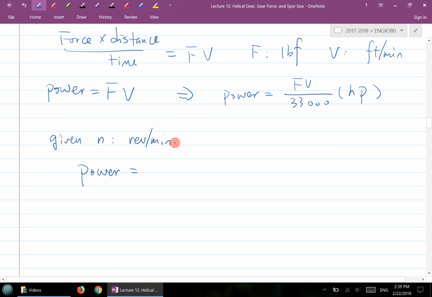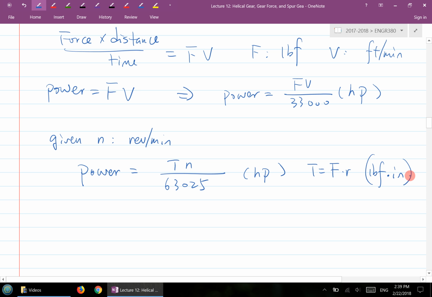It will be T times N over this much, so that'll be T times N horsepower. T here is equal to F times the distance, which is pound force inch.